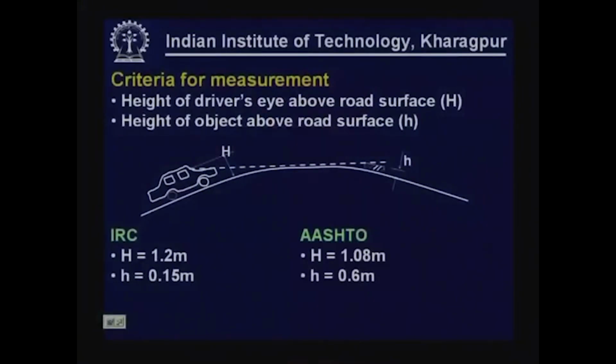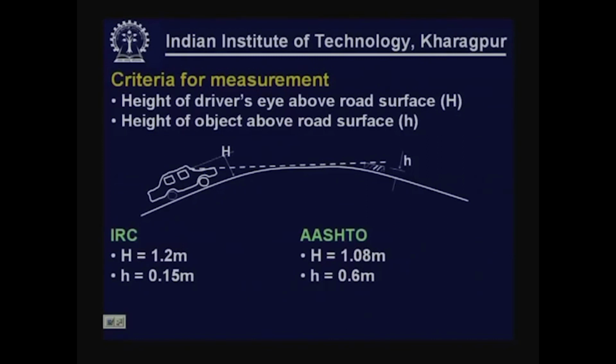As per the Indian Roads Congress, the height of the driver's eye above the road surface is taken as 1.2 meter and the object height is taken as 0.15 meter.